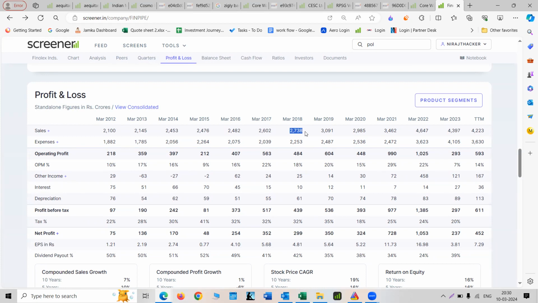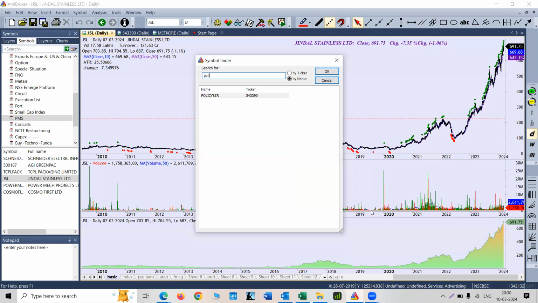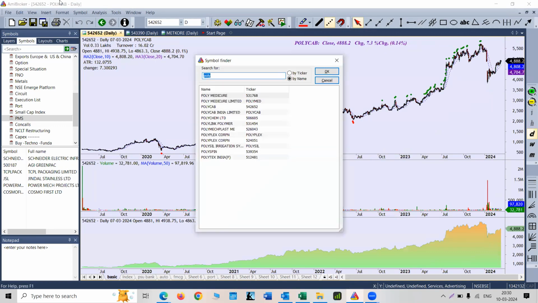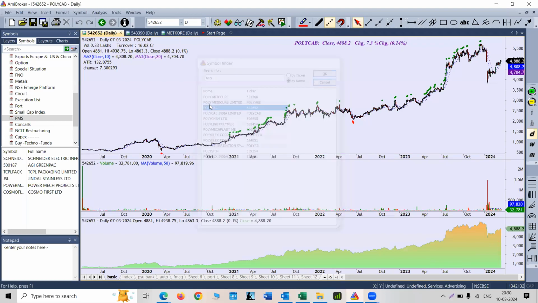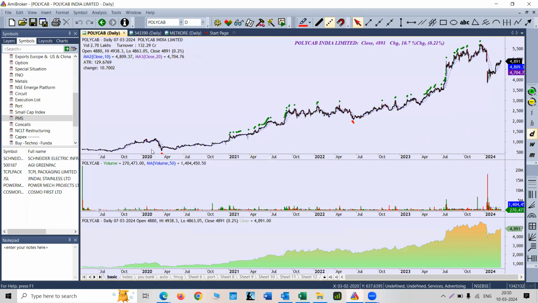1/4. So what happened to Polycab? Let's see the chart. Now, see Polycab, how it has grown. So we have 2019 listing, after that you can see 2020, 21 just grown.